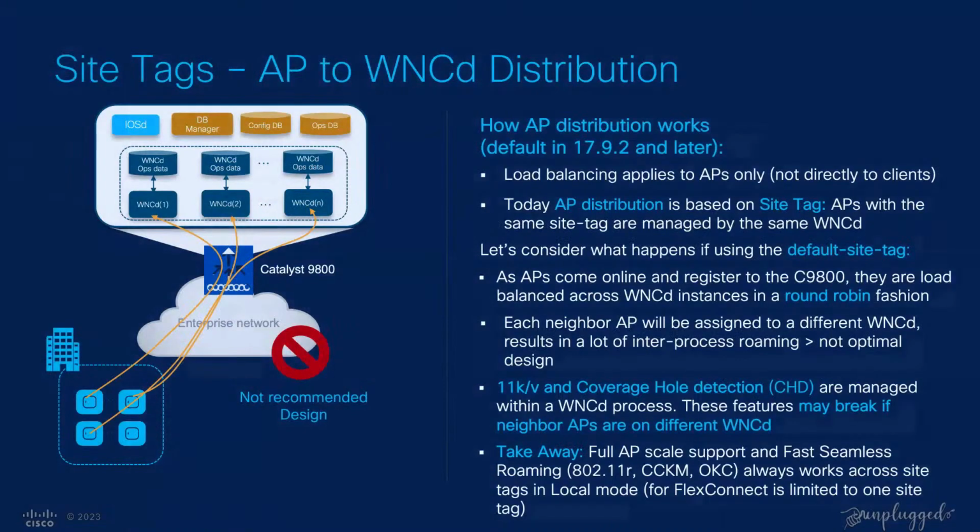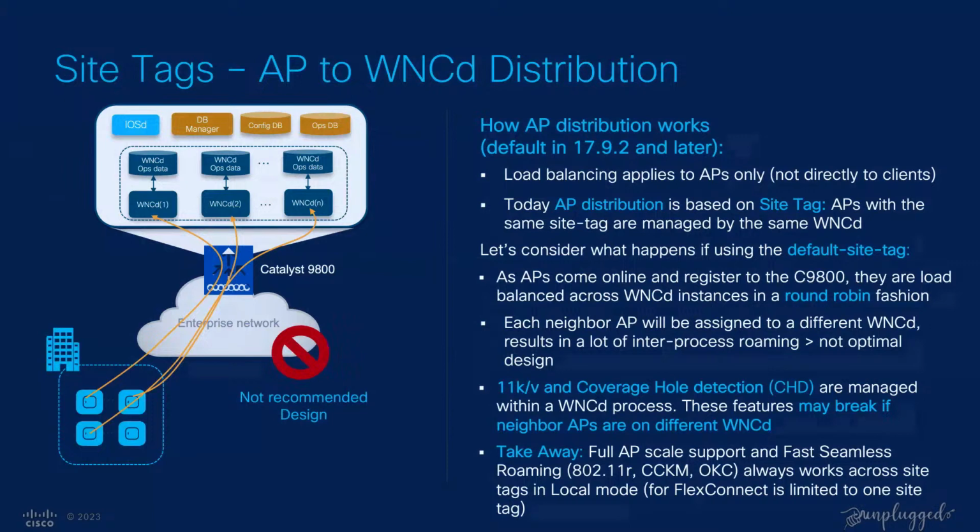So you heard me say we recommend doing an individual site tag per site, and there's a reason for that. So, quick little refresher on how AP distribution works prior to 17.9.2. It was based upon the site tag. And so the first AP to join in a site tag would get assigned to a specific WNCD process.